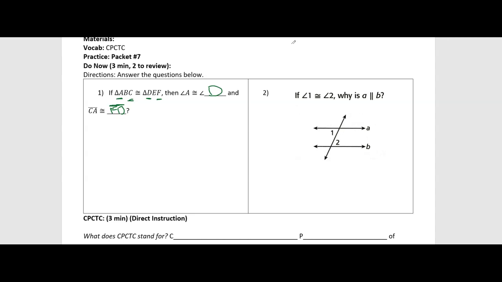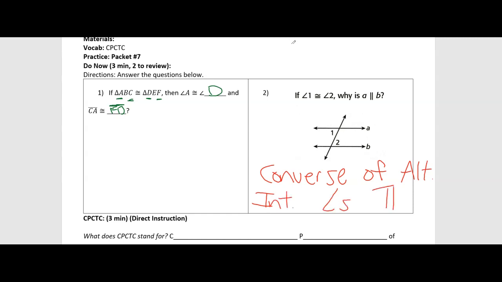But we want to go the other way. We want to say if 2 alternate interior angles are congruent, then the lines are parallel. So we're going to use the converse of the alternate interior angles theorem. Okay?